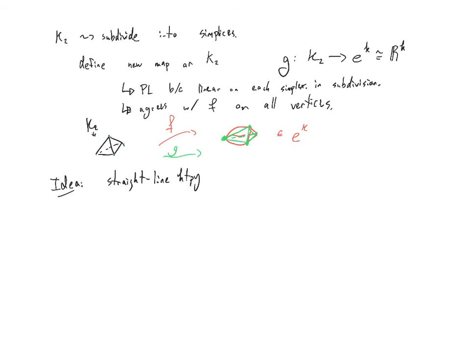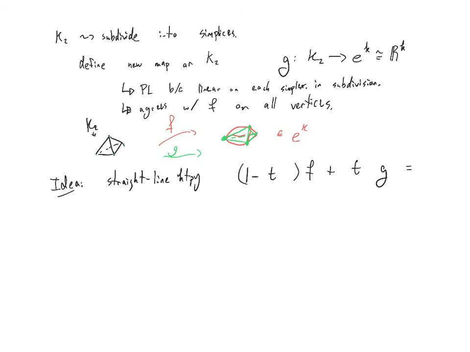Ultimately, they are the only homotopies we can write down. So I want the homotopy to look something like 1 minus t, f, plus t, g. That would be great, right? And so at time 1, it's doing g, and at time 0, it's doing f, right? And this would be our homotopy h of t.